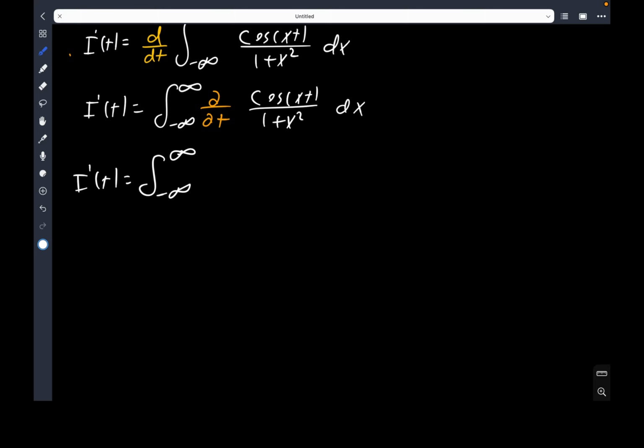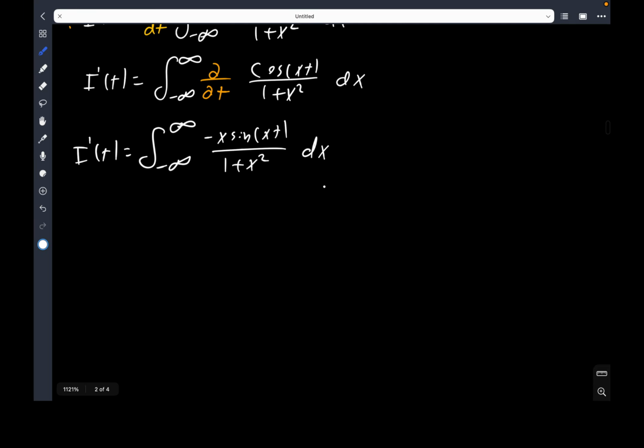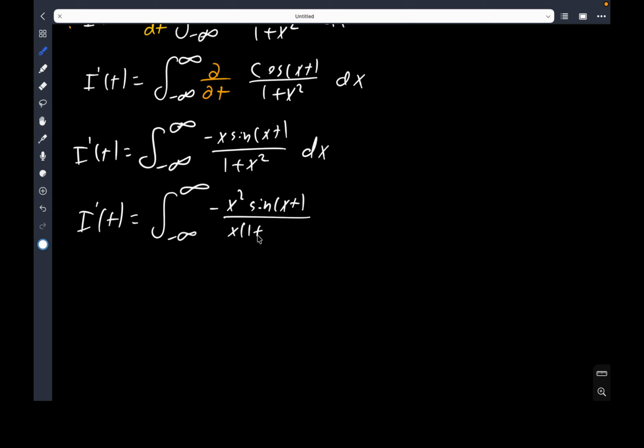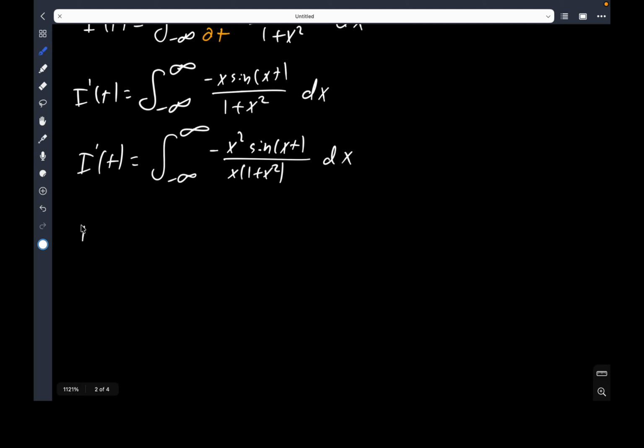So this is going to be negative x sine of xt over 1 plus x squared dx. And the trick that I'm going to use here is to multiply and divide by x once, and after that I'm going to add and subtract a sine of xt, which you'll see later why.